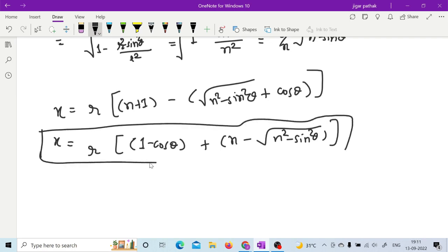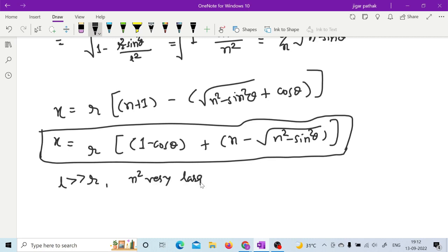Once you get this equation for displacement of piston, if you consider that the length of connecting rod is greater than r, then n square will be very large in that case. If n square is very large in comparison to sine square theta, then the square root will become n, and n will cancel out.